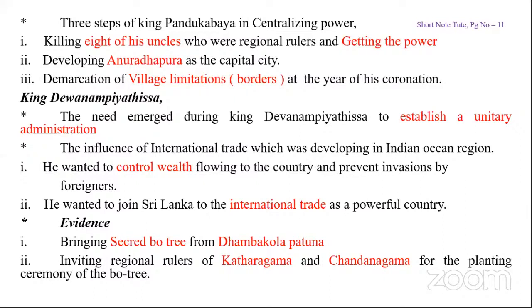Now see, Pandukabe centralized power around him. Devanapiyatissa established a unitary administration. Now two kings in the line developed the kingship in Sri Lanka. They developed the political power in Sri Lanka.